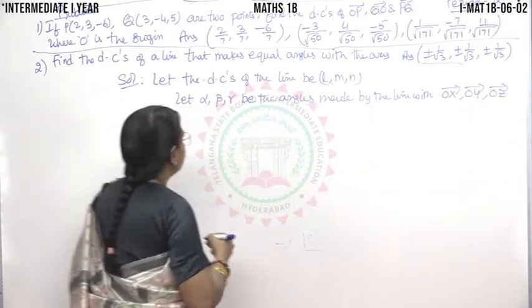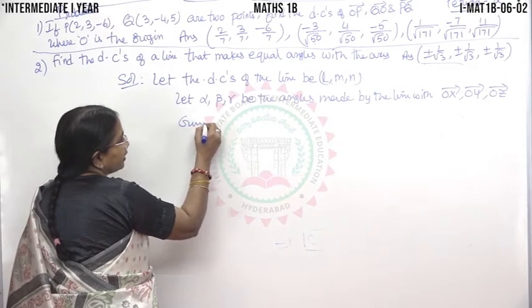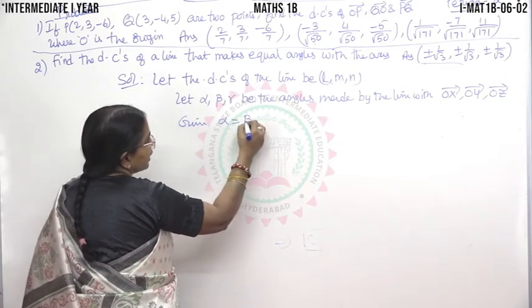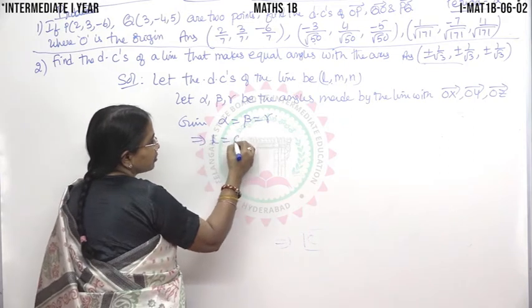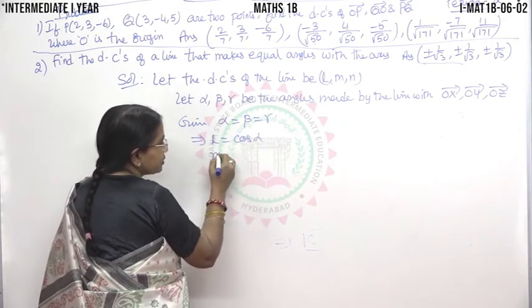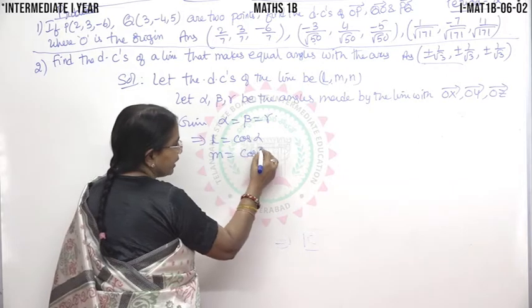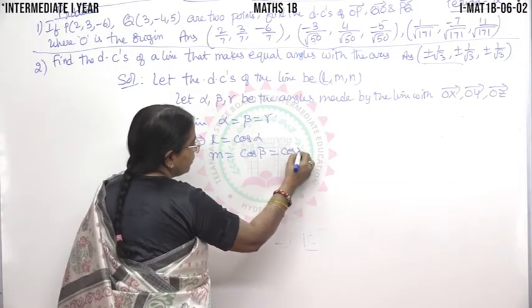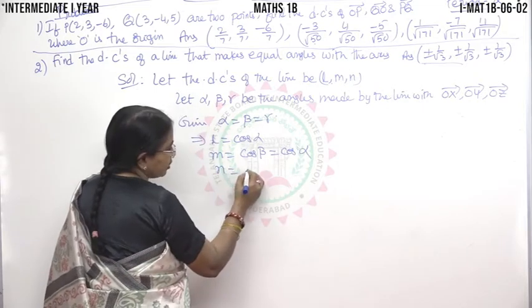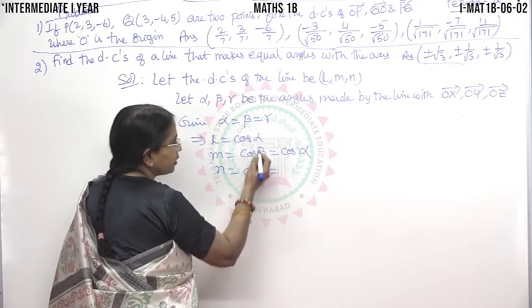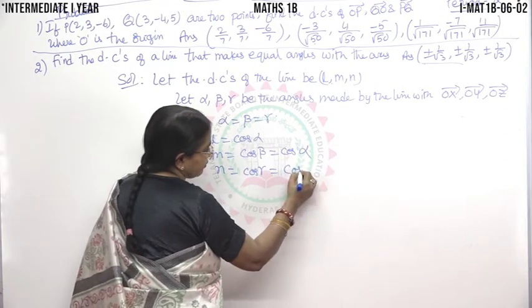Then what is given? You are given that alpha is equal to beta is equal to gamma. So that means L is cos alpha, M is cos beta, which is cos alpha because beta is equal to alpha, and N is cos gamma, which, because gamma is also equal to alpha, is cos alpha.